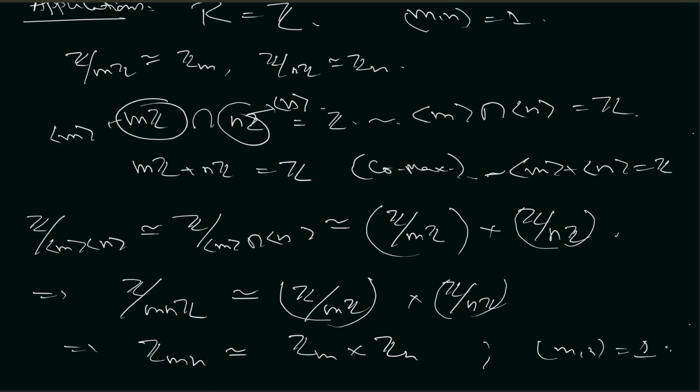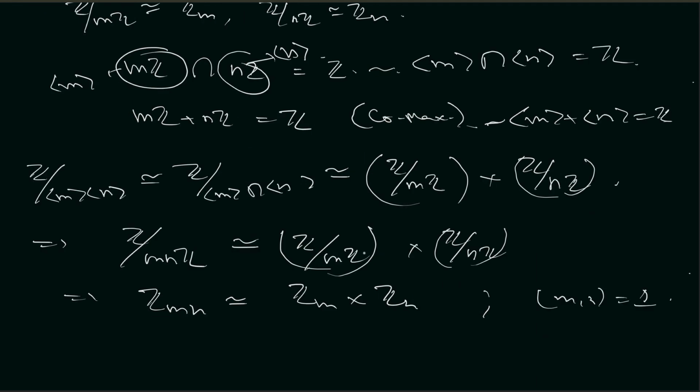Now I want to start a new topic, called the Euclidean algorithm and Euclidean domain. As of now it was basic ring theory, with no complicated things. Now it becomes a little bit conceptual.